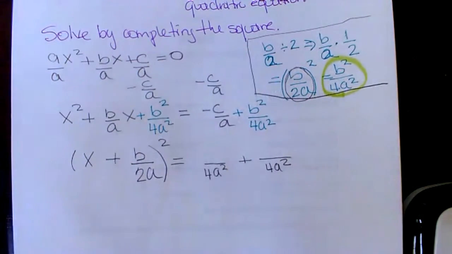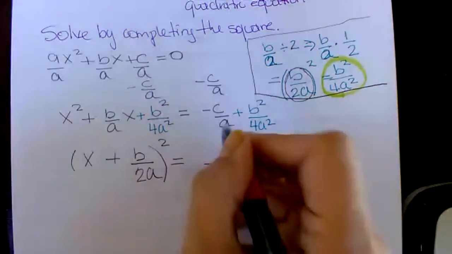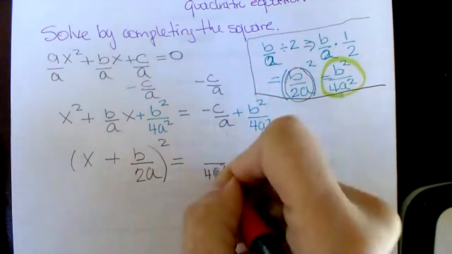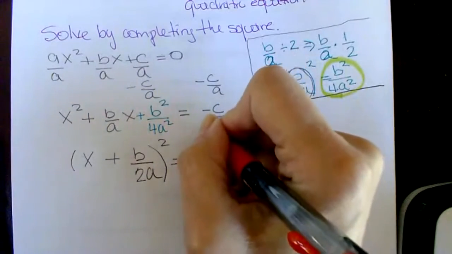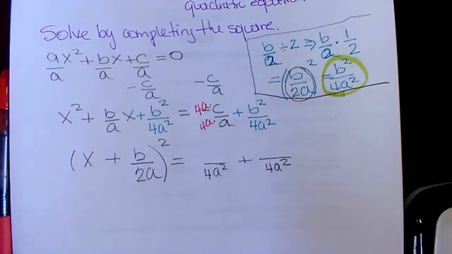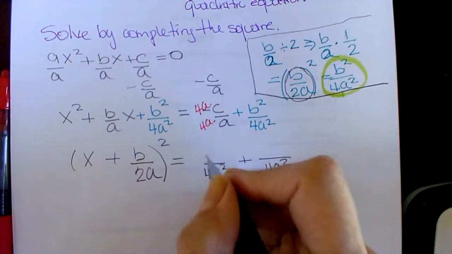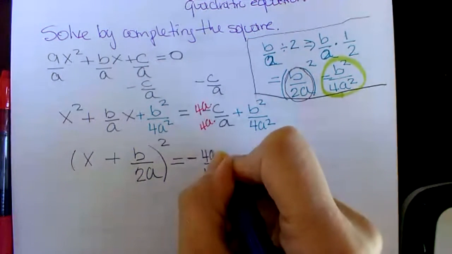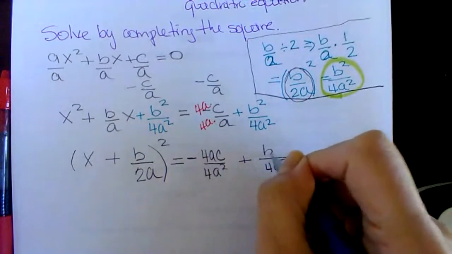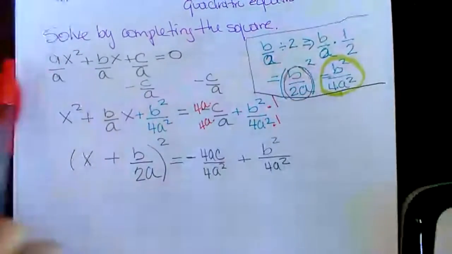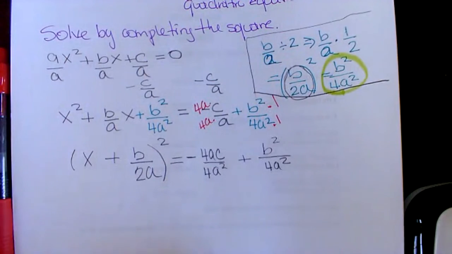What do I need to multiply a by to look like this one? I need to multiply by 4a. Yes. So on the top, I'm going to have negative 4ac. And this one is going to be the same, and I need to multiply by 1. All right?